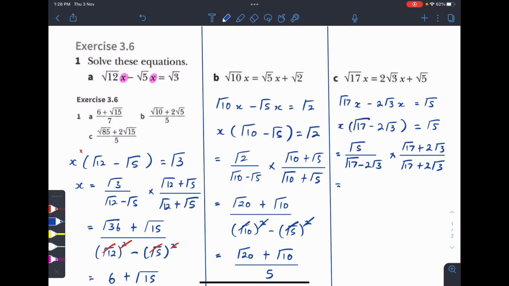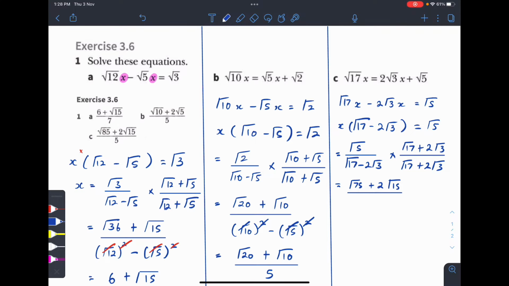Let's start to multiply it in, guys. So we've got root 17 times root 5, so 17 times 5 is 85. We've got root 85 plus 2 root 3 times root 5, root 15, over. The bottom part gets a little bit slow here, guys.